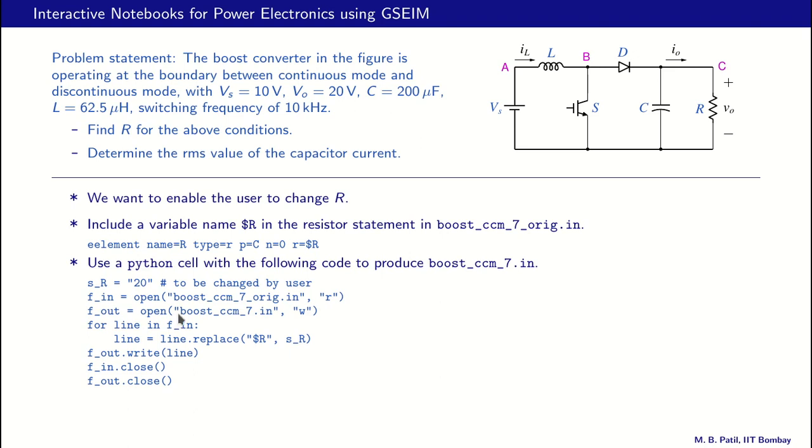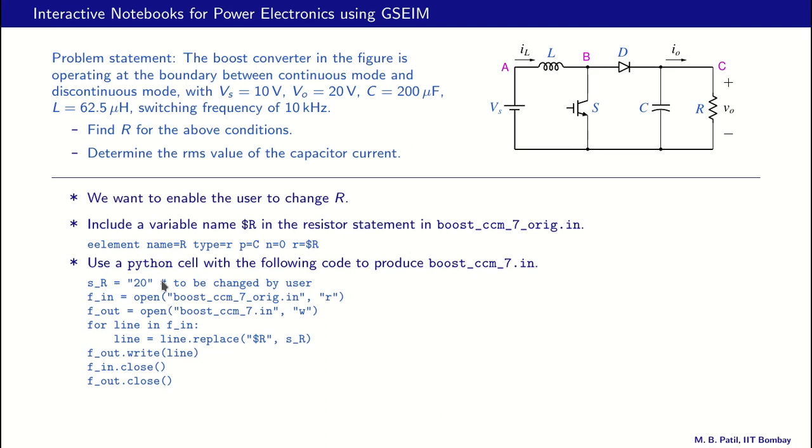We open a new file, this file here, for writing, and for each line in the input file we look for the string $R, and of course we're going to find this particular statement, and we're going to replace that with the string that the user has specified. So that means it is 20.